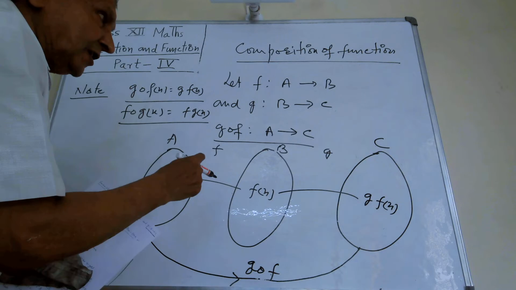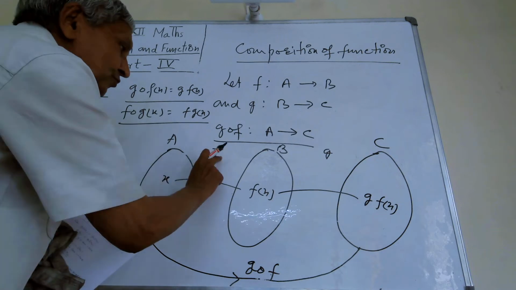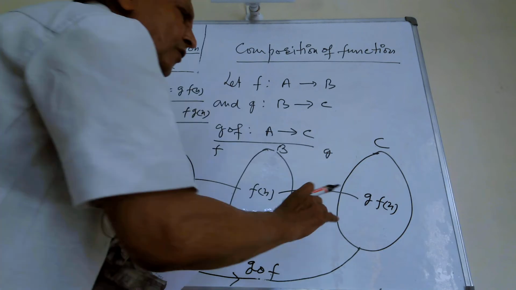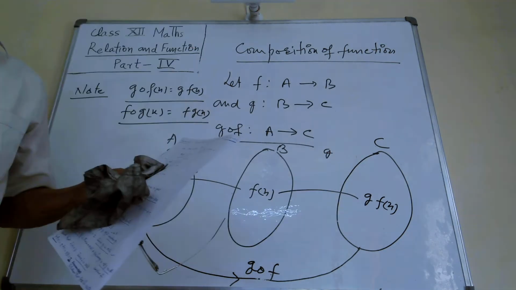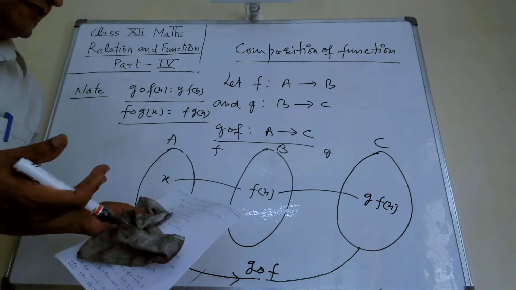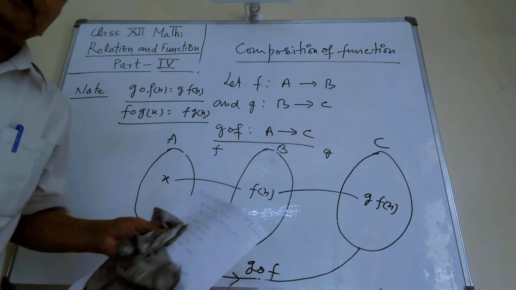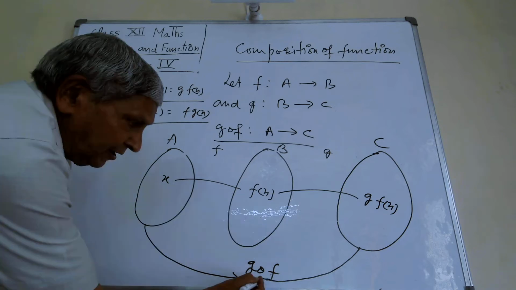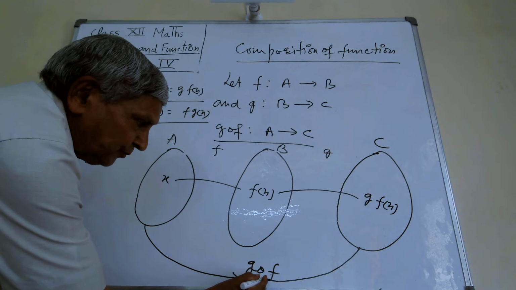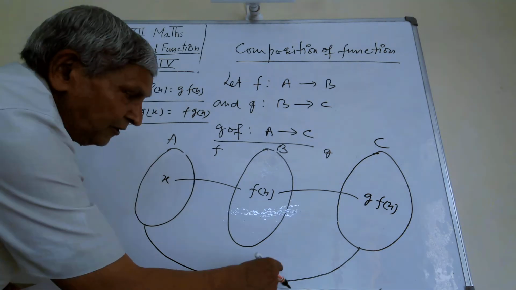In part three, we proved that this f is 1-1 or onto, g is 1-1 but not onto. Three or four questions we have taken, and you have seen which function is 1-1 and which function is onto. Here in this composition, in gof and fog, we will also prove whether the function is 1-1 or onto or both.